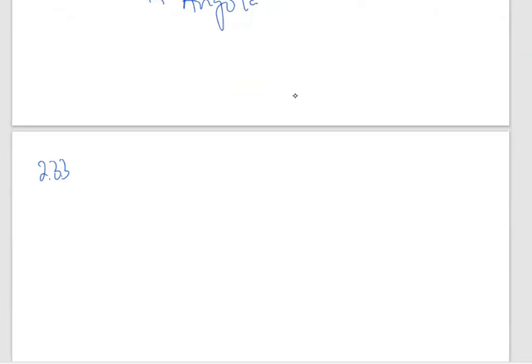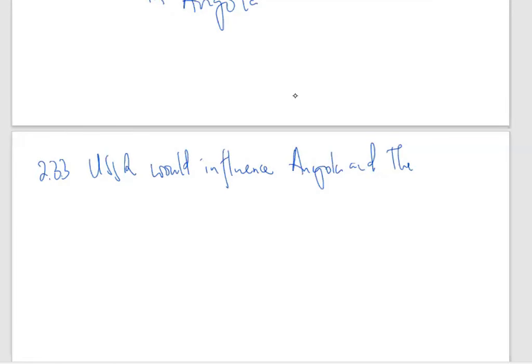Why? Because the USSR would influence Angola and the Southern African region, which meant that they were going to bring in chaos through their governments.